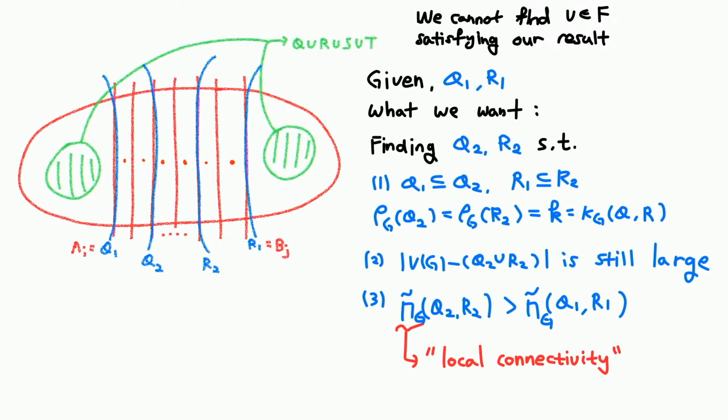Then what I want to do is find sets Q2 and R2 such that Q2 contains Q1 and R2 contains R1, and the connectivity of Q2 and of R2 is equal to K, which is also the same as the connectivity between Q and R. Another property is that the number of these vertices is still large, and our key property is that the local connectivity between Q2 and R2 is strictly larger than the local connectivity between Q1 and R1.